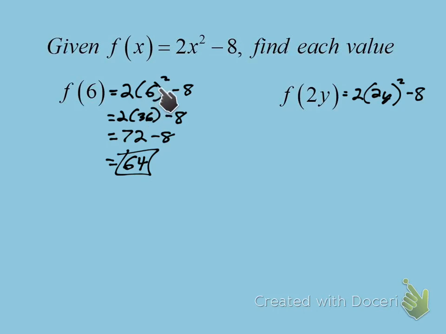So over here, when we did 6 squared gives you 36, how'd you do that in your head? 6 times 6, right? So over here, do the same thing, but do it with 2y. What's 2y times 2y? 4y squared, right? Make sure you get those y's also. So 4y squared.